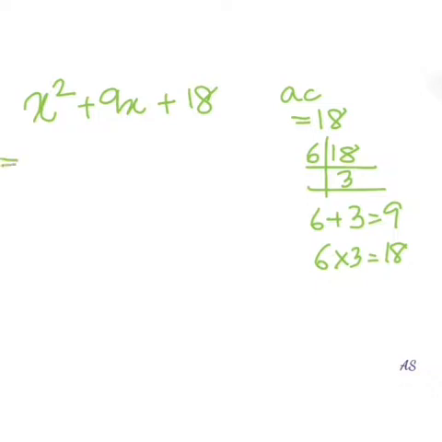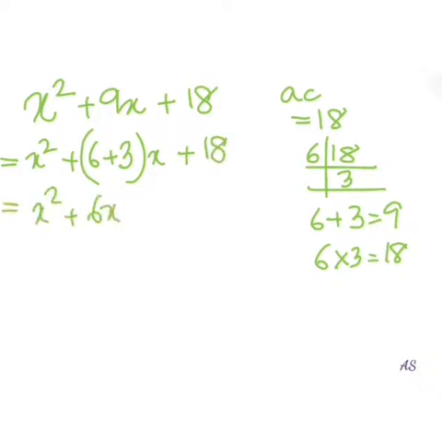So therefore, this can be written as x square plus 6x plus 3x plus 18.